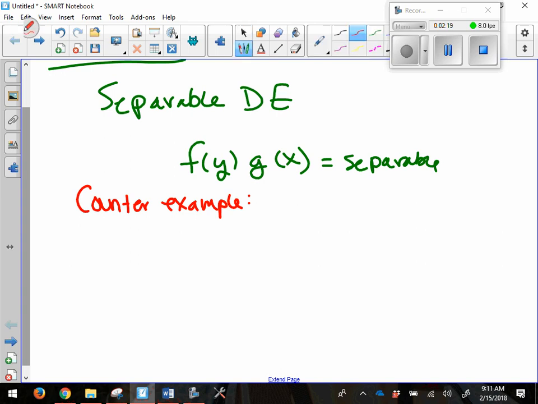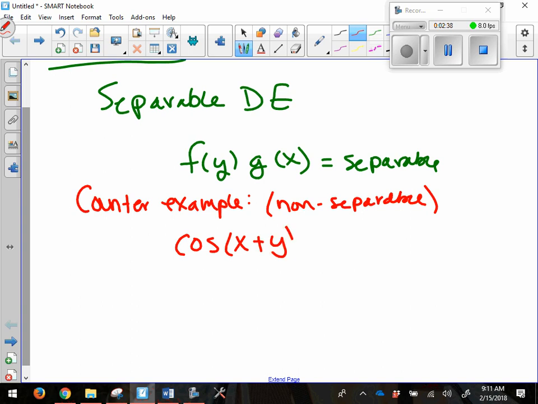I want examples of functions that are non-separable. Nope, because it would be y equals x squared, and I'd have all my y's on one side and all my x's on the other. Not cosine x, because that would be separable. Or plus y. No, anything where I can't separate them out.